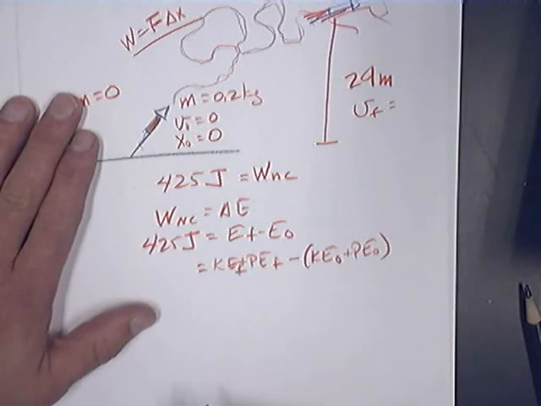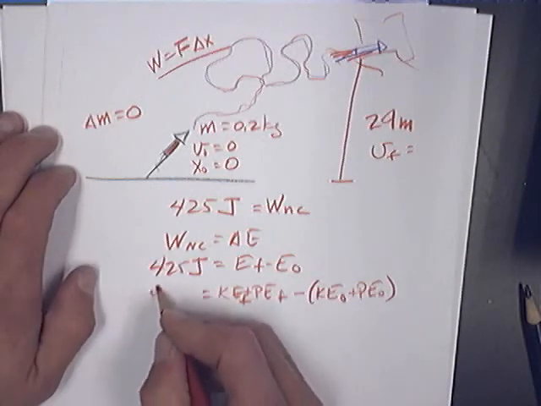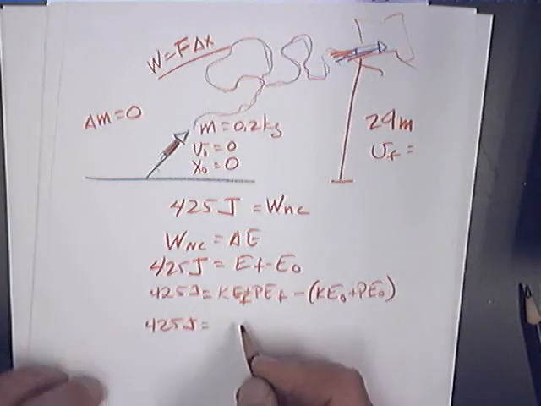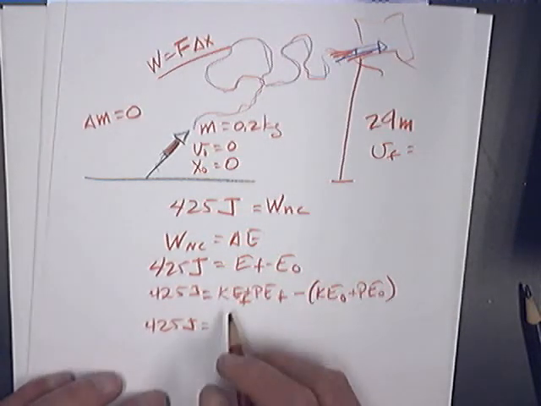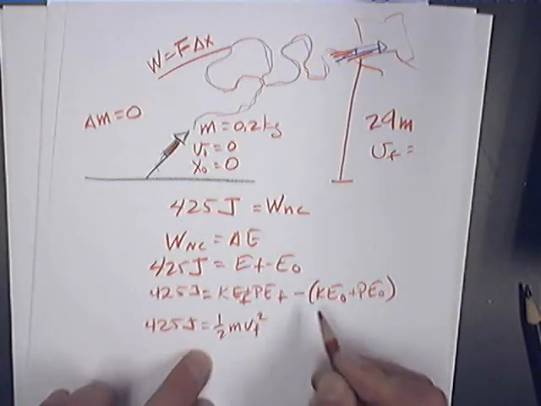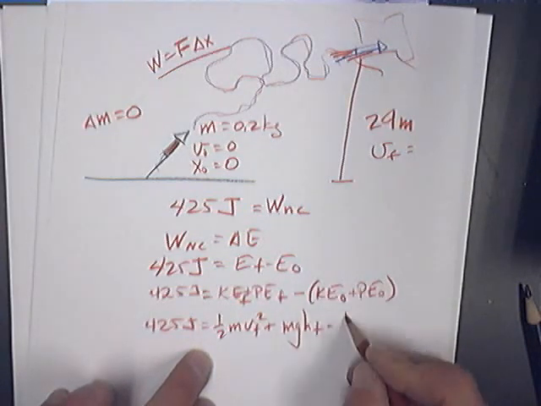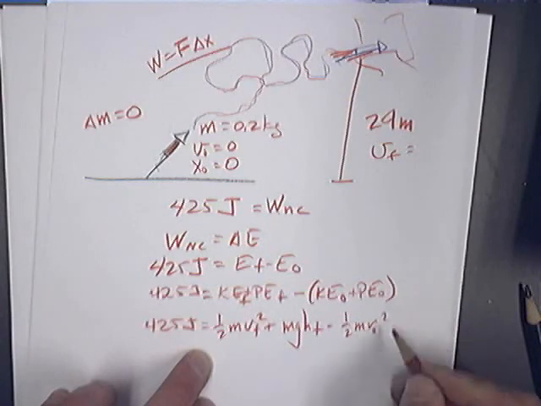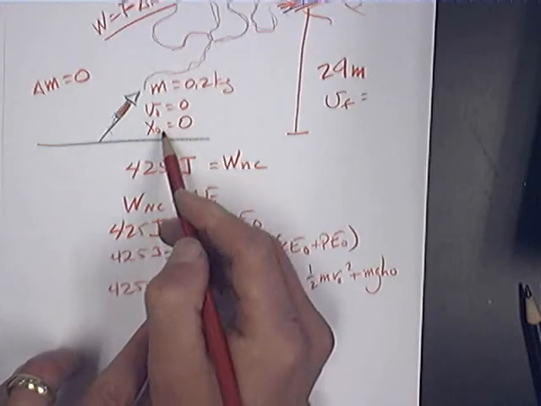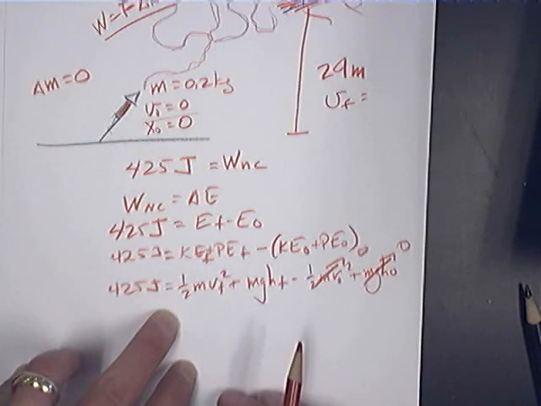So this is 425 joules: kinetic energy final, 1/2 mv squared, plus potential energy final, which is mgh final, minus kinetic energy initial, 1/2 mv initial squared, plus potential energy initial, which is mgh initial. Well, I'm starting at 0, yay, and I'm starting at 0, yay.